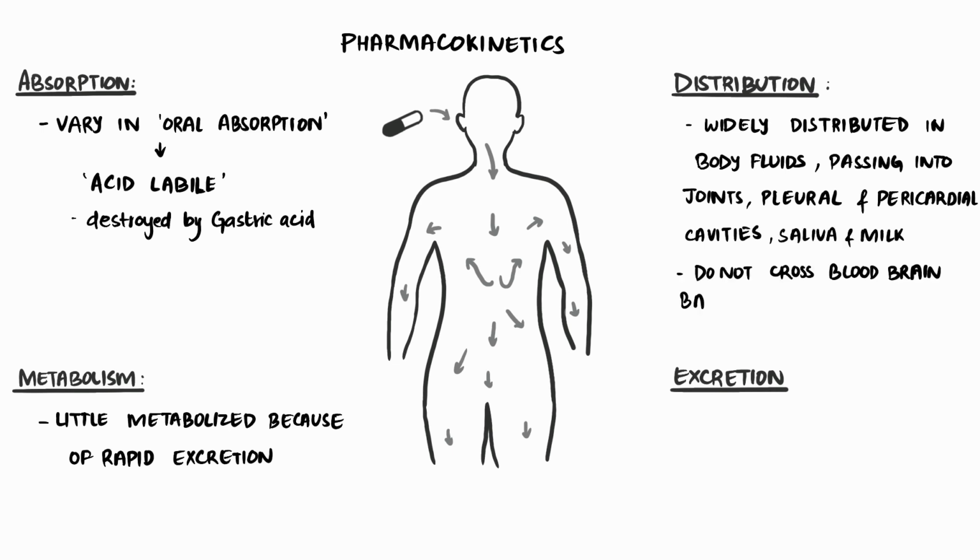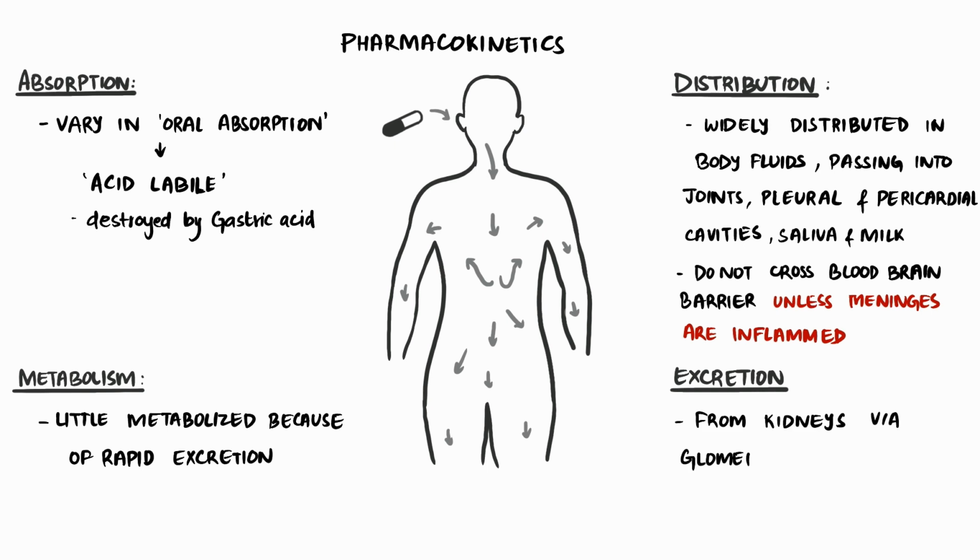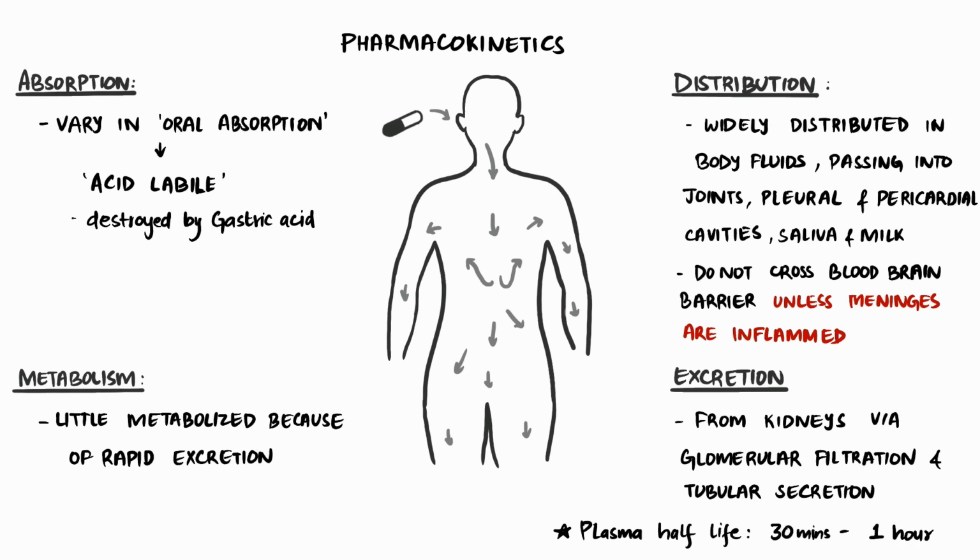Penicillins do not cross the blood-brain barrier unless the meninges are inflamed, in which case they reach a therapeutic concentration in the CSF enough to kill the susceptible organisms. And finally, penicillins are excreted from kidneys via glomerular filtration and tubular secretion. The plasma half-life of most penicillins varies from 30 minutes to 1 hour.